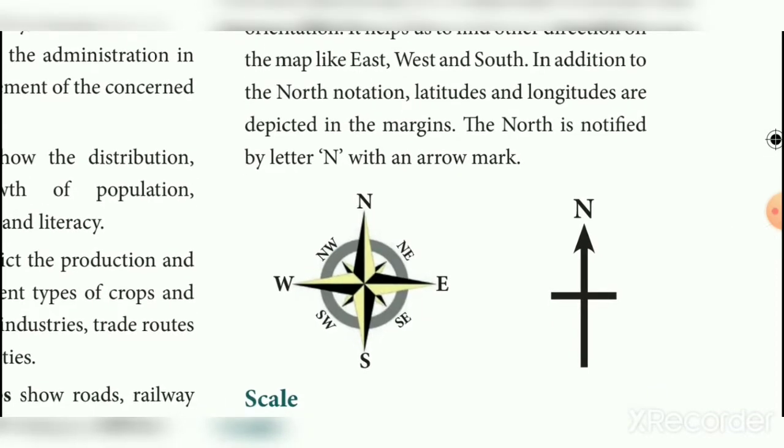On the margin side, we can see a number of lines that give the information of latitude and longitude. The north is notified by the letter N with an arrow mark. You see here N. It is seen in the right side corner of the map. Every map contains this symbol.